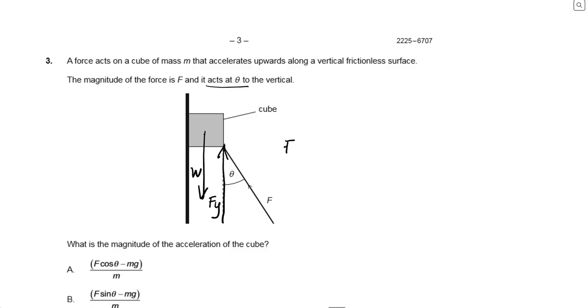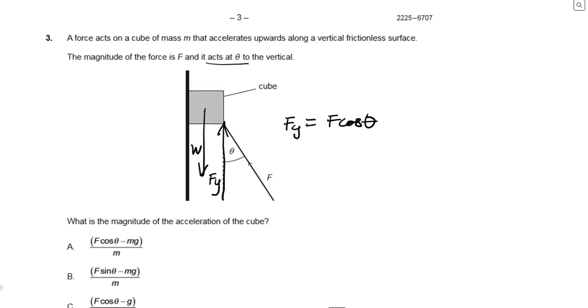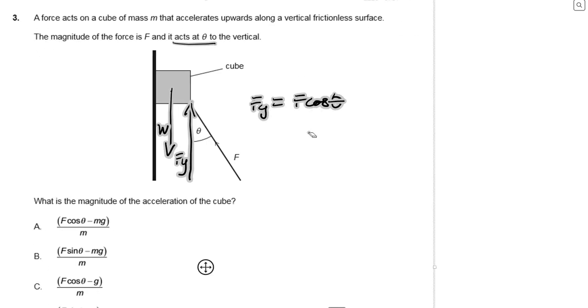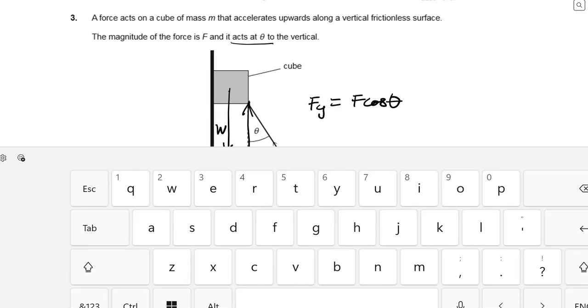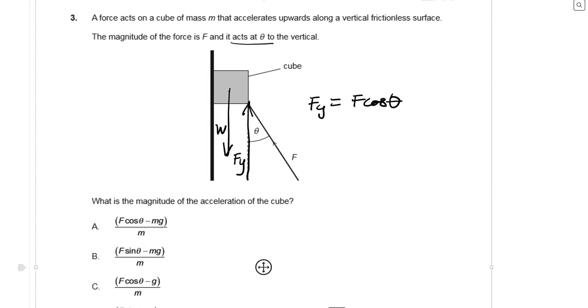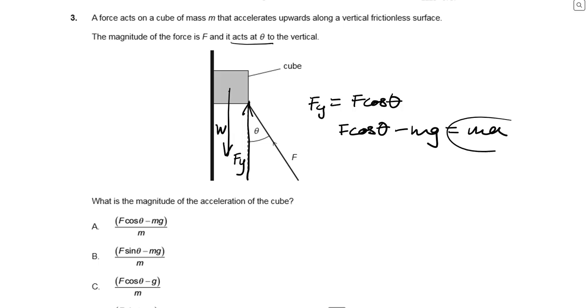Fy is equal to F cos theta. Hopefully you understand how I got that, simple trig. F cos theta is our y component, minus our weight, mg, is equal to ma, because we have an upward acceleration.